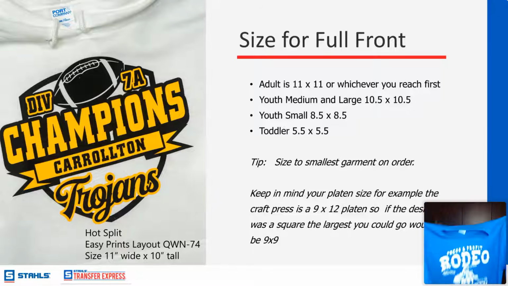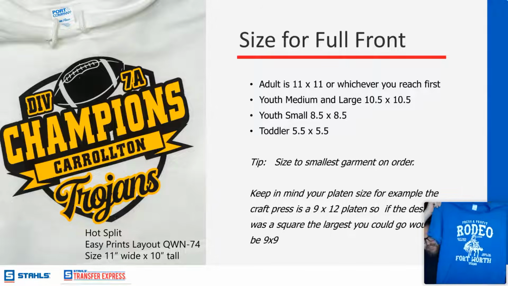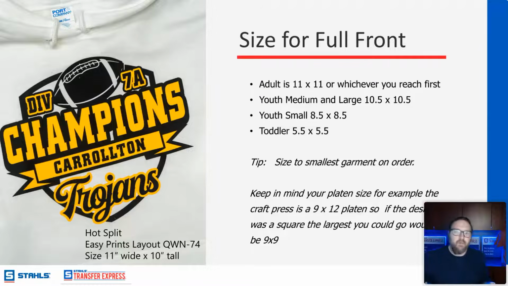But as I hold this one up, I do want to mention that things look different as they are flat or held up like this versus worn, because the human body, when we talk about sizing and placement, and especially apparel decorating, is a kind of odd shape. Our heads actually come off the front of our body, not directly up.